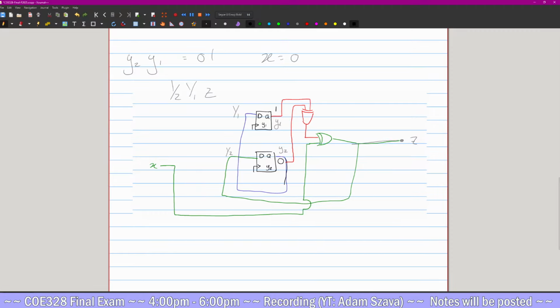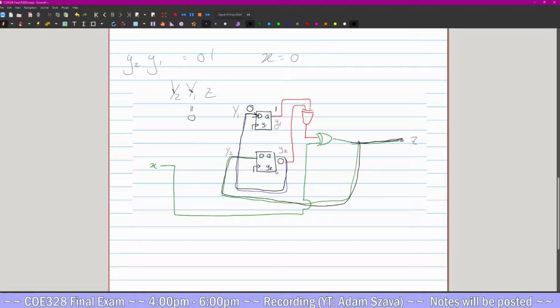Immediately, our capital Y1 just always matches y2, so this is also going to be a 0. And capital Y2 is just the same value as Z itself. So once we find these two, these two will always be the same value.